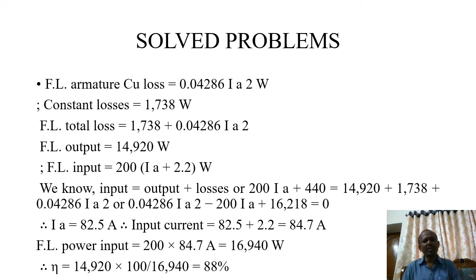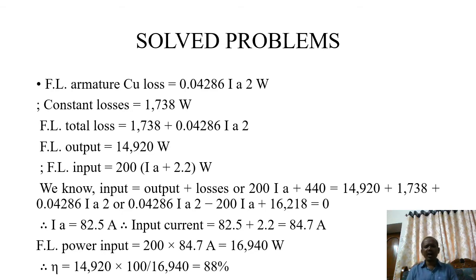Full load armature copper loss, that is, armature resistance is RA, which is equal to 0.04286. Armature copper loss is equal to Ia square RA. So here you can note this is Ia square.